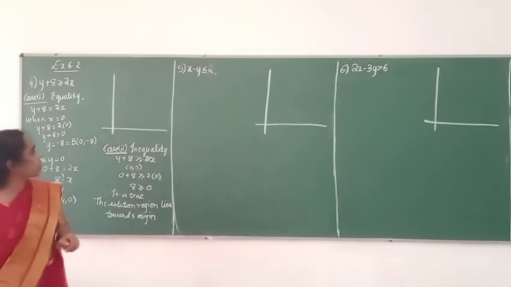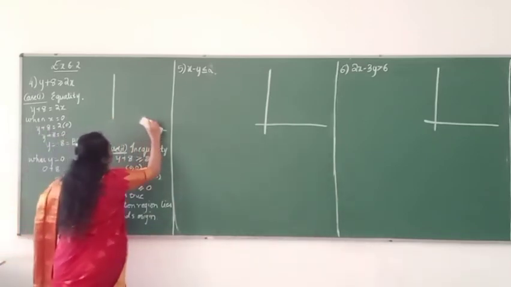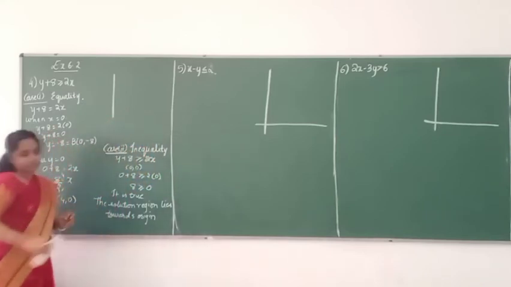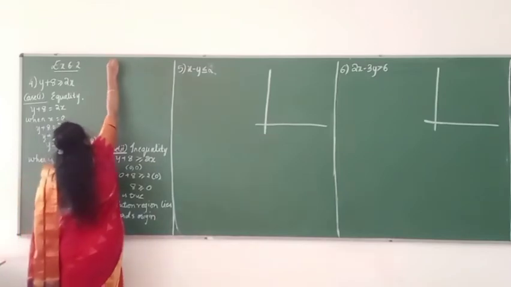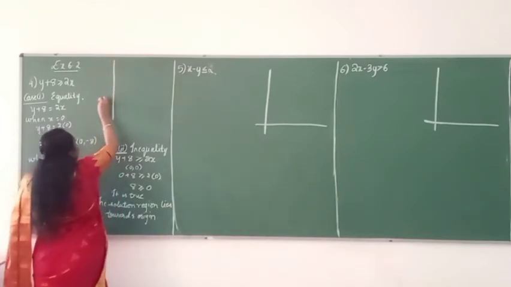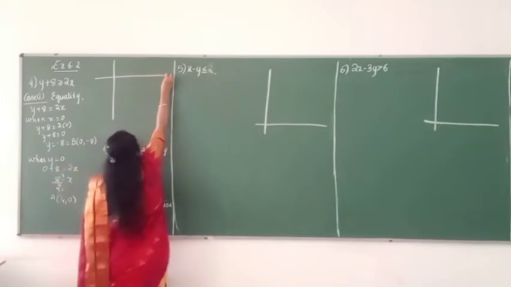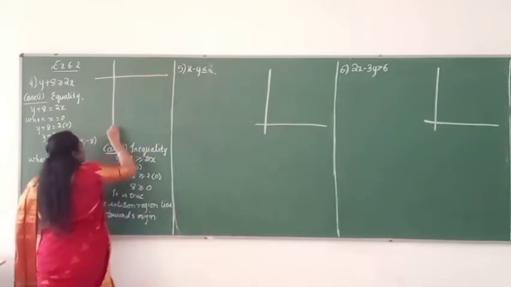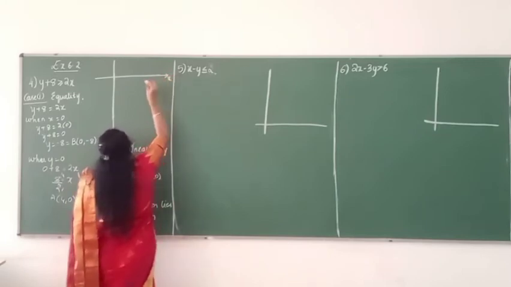So if we are having -8, I think it moves towards -y on the y-axis. So how am I going to draw here? Let's draw the x-axis here because I have a negative point on the x-axis.